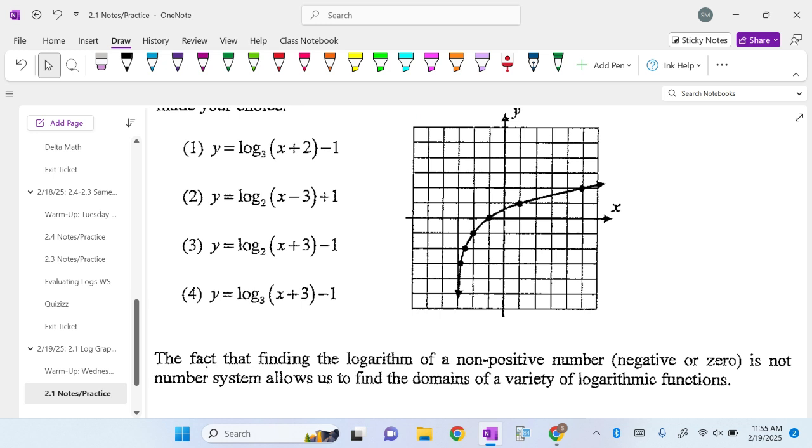My suggestion to you is look at where the vertical asymptote is now, because it is a logarithmic graph. Look at it and think about when we did function transformations. Look at the shifts. All right. So take a minute, see what you think.